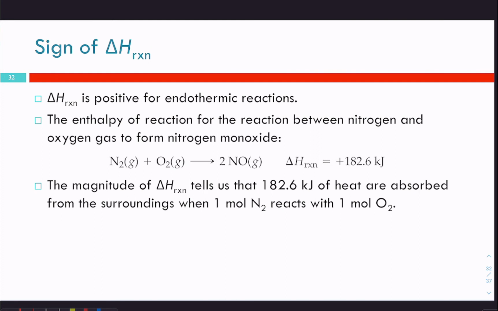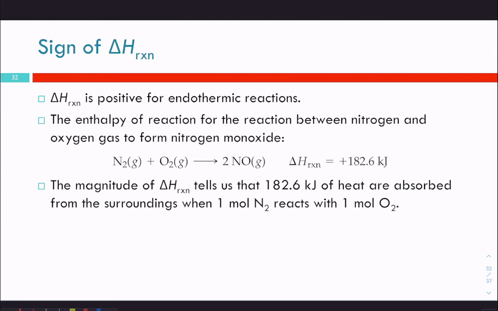And just like with emitting heat, this is also directly tied to the amount of reactants and products. So 182.6 kilojoules of heat are absorbed from the surroundings when 1 mole of nitrogen reacts with 1 mole of oxygen.